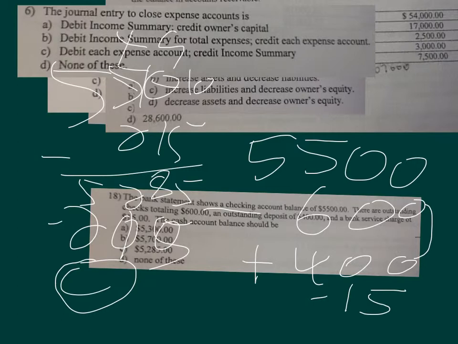But you have to realize that there are two different sides of a reconciliation. The bank side and the check stub balance and the adjusted bank balance sides. And the service charge does not go to this side.